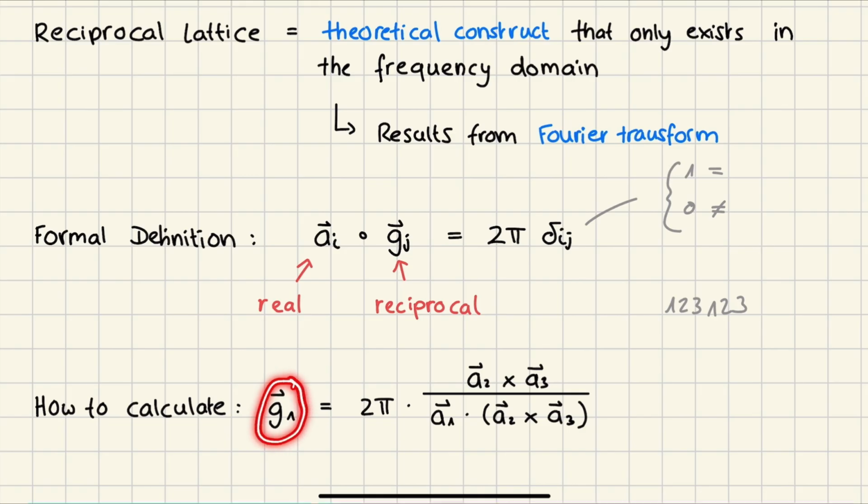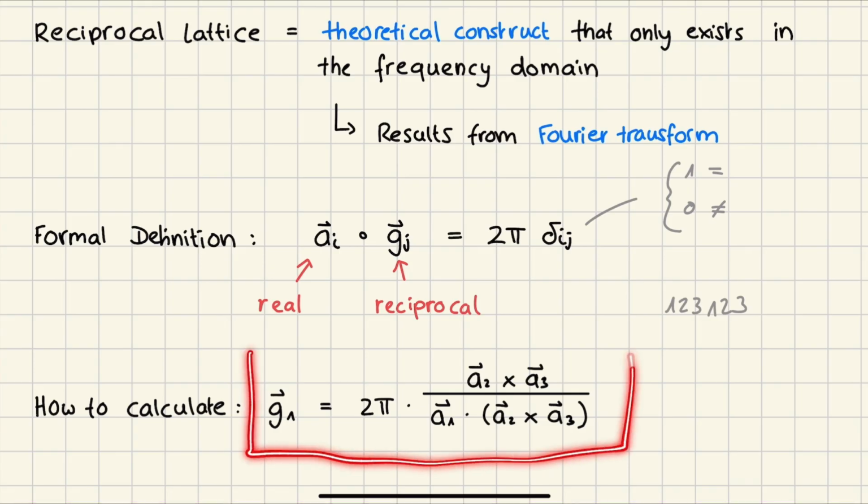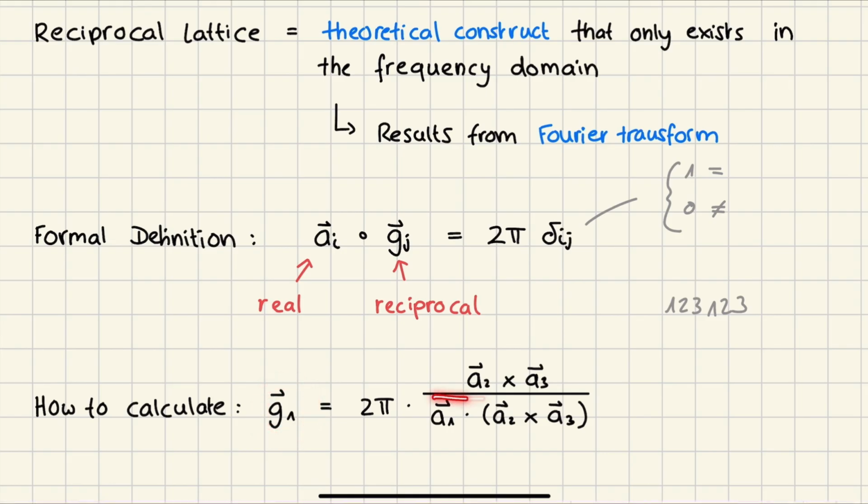Right here, the formula is written down for g1, but the formulas for g2 and g3 are cyclic permutations of this one. What that means is that for all of them, this scalar triple product is going to start with the respective basis vector of the one we're trying to find, and then the other two follow in ascending order of the indices. So if we were trying to find g2 instead of g1, we would start with a2.